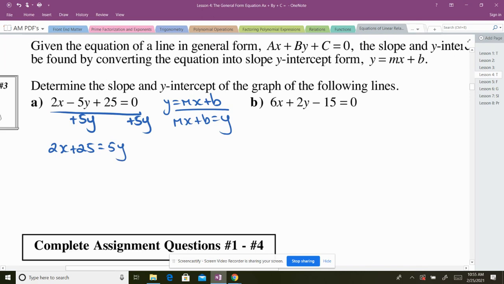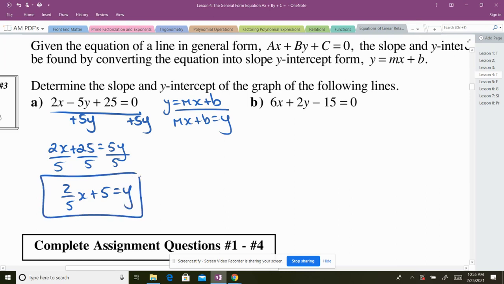And then divide by 5, because I want just y, right? Nobody likes this when I teach it. So, do I leave it as 2 over 5? Because that's a slope, right? Always leave it as a fraction. What's 25 divided by 5? There you go.